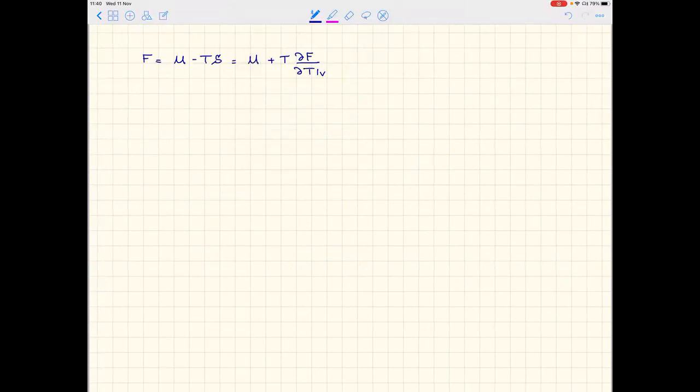Or this implies that the average energy, which is also the internal energy U, should be equal to F minus T dF/dT at constant volume. Okay?